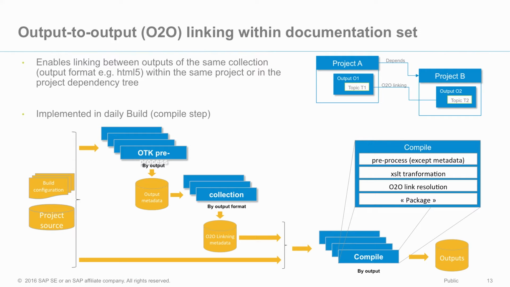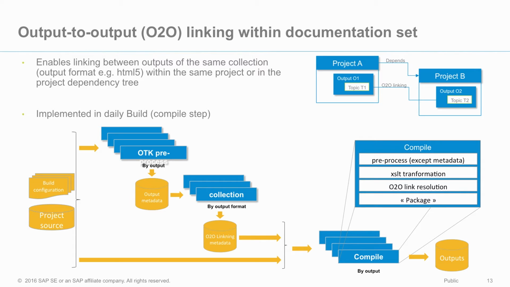So with that, I would like also to highlight one of the advanced features we have implemented as part of the build process, the so-called output-to-output linking. It consists of having linking between outputs of the same collection.